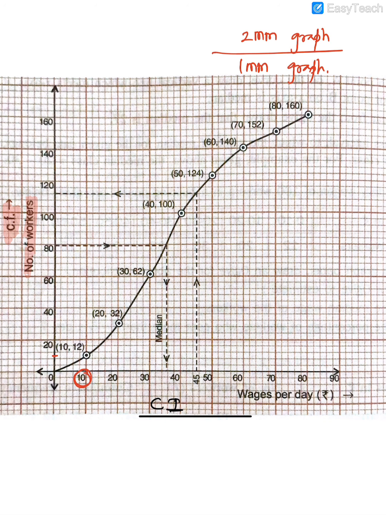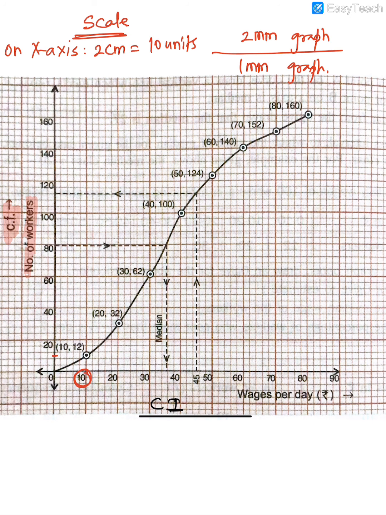Now, one more very, very important thing, guys: you have to always mention the scale. What scale you choose on the x-axis and what scale you choose on the y-axis. So we have to write separately on the x-axis what our scale is. On the x-axis, your 1 centimeter or 2 centimeter, whatever you must have taken, is equal to 10 units.